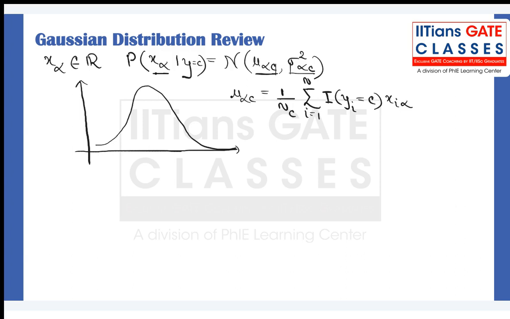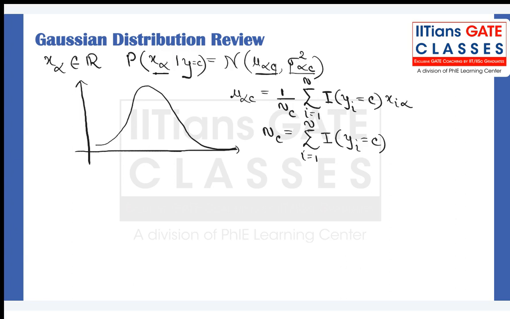Let's define nc. nc is something very simple. nc is the summation of i equal to 1 to n of the indicator function yi equal to c, where the indicator function I of x is 1 when x is true, else 0. So it will look at all the data points from i equal to 1 to n, and whichever of them has a class of c, it will add all that, and that will be your nc.